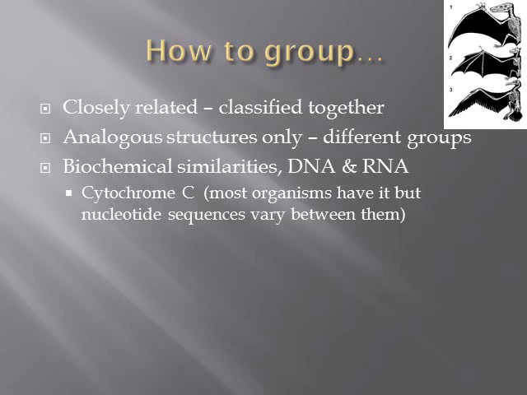But how are these groupings made? Let's think about this for a second. How the groupings are made is by closely related things that are classified together. If things have analogous structures, they may belong to different groups. For example, in the picture there, you have a pterodactyl wing, a bat wing, and a bird wing.